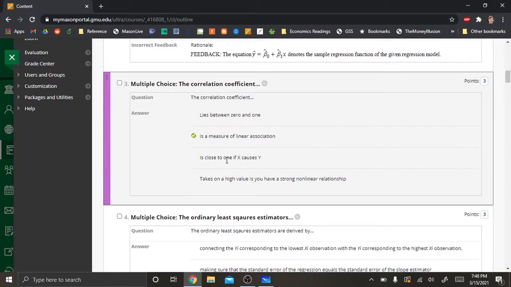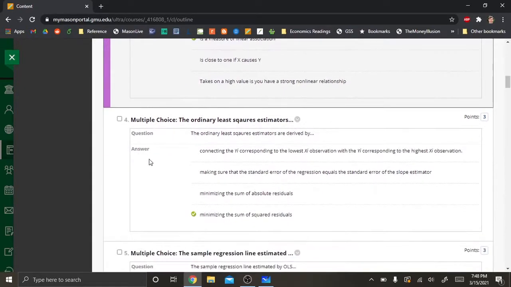If you watched the exam review video, we went to that website, Spurious Correlations, and saw a bunch. So it's not that one. And then the last answer choice takes on a high value if you have a strong nonlinear relationship. It's not that one. Remember, correlation coefficient is telling you about the linear relationship, not a nonlinear relationship. So the only one that makes sense is B.